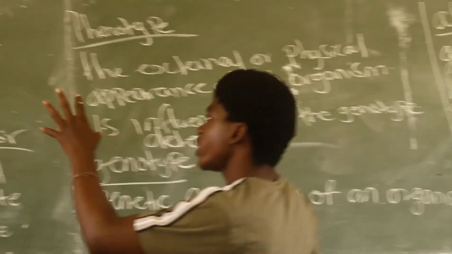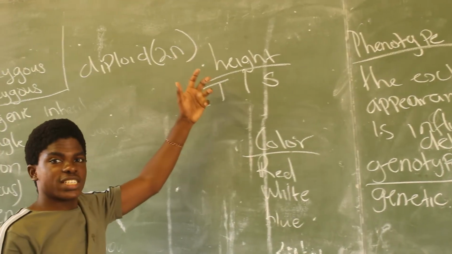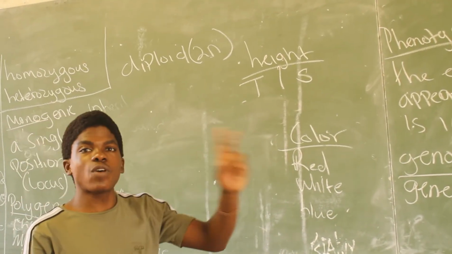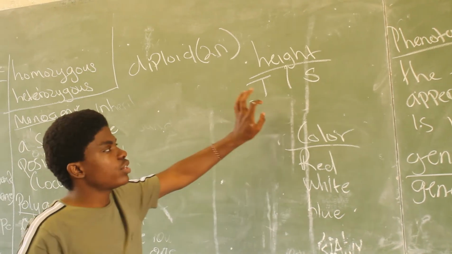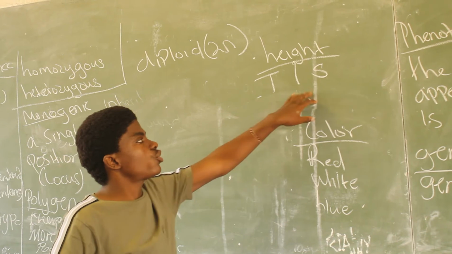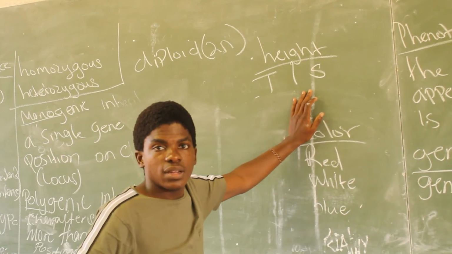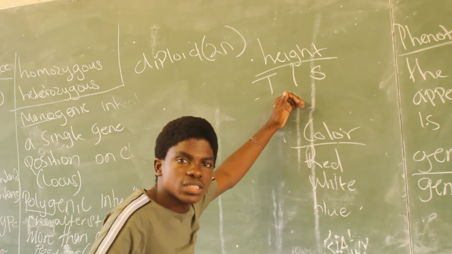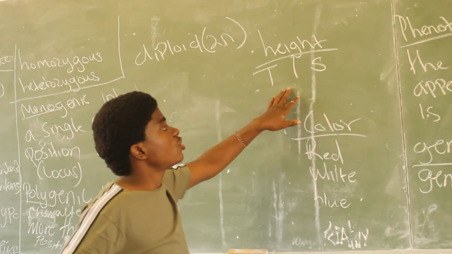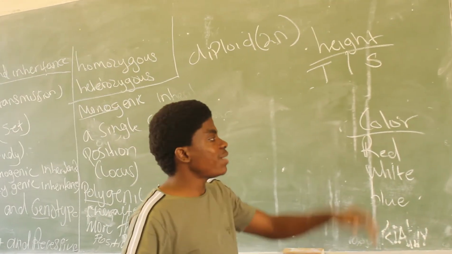So let's go back to height and color. Height is a characteristic, and the alternative forms of height are either you are tall or you are short. These are the alternative forms of the gene. They are found in the same locus, and they provide different expressions of the characteristic, which is height. Same as color.